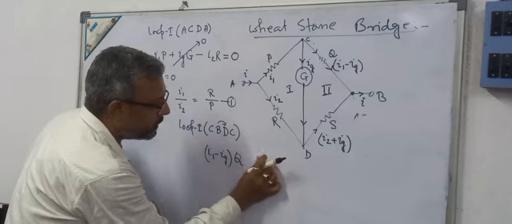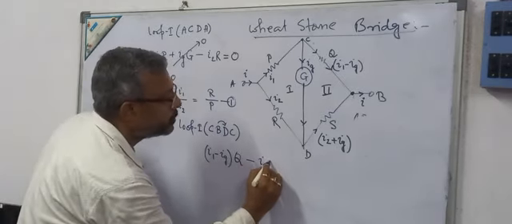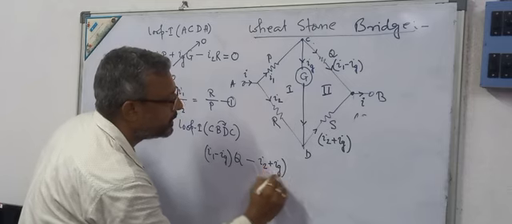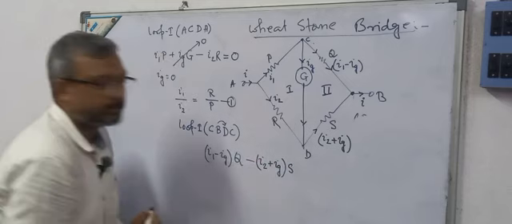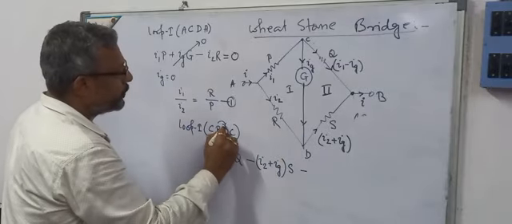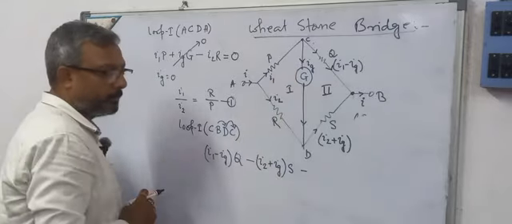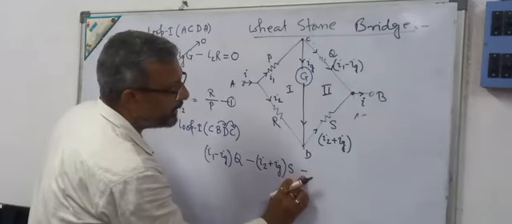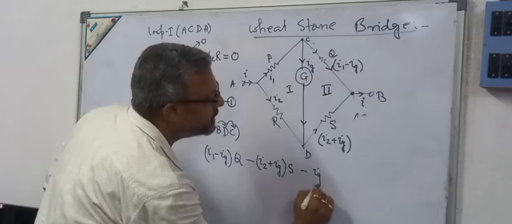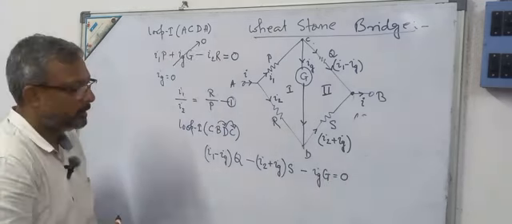So instead of plus you have to write minus, and then it will be I2 plus I suffix G into S. Similarly, when you move from D to C, it is in the opposite direction of the flow of current, so again I give minus, and then I suffix G into G, again this equals 0.